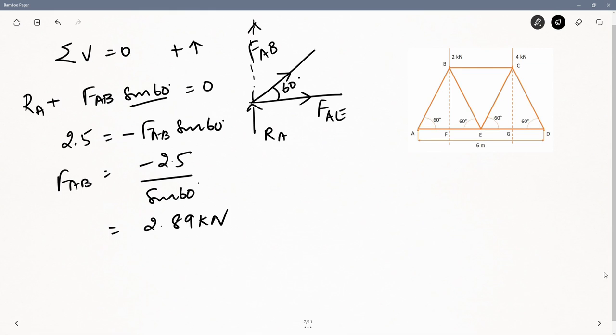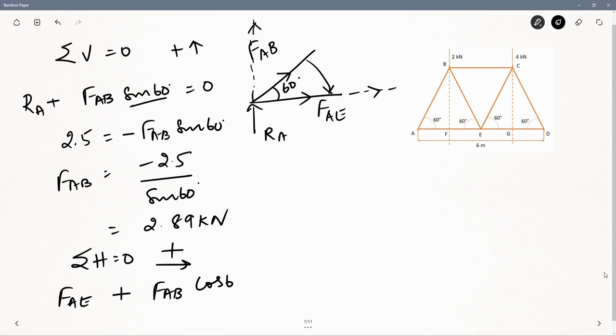Similarly, I use the other equilibrium equation, summation of all horizontal forces equal to 0, and I assume the forces acting towards my right to be positive, and I write the equation as FAE plus, now when I resolve this member force along the horizontal direction, it will act this way. So I use FAB cos 60 equal to 0. So FAE would be equal to minus of FAB cos 60.